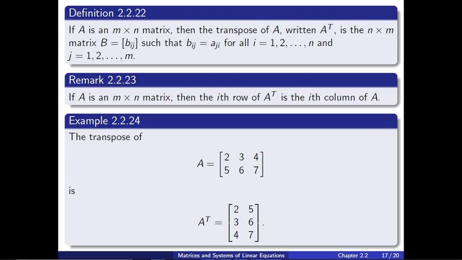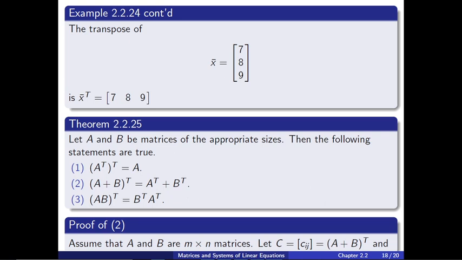We are going to talk about properties of these transposes of matrices. Okay, so another example. If you have a column vector like that, you can make it a row vector by transposing. So this was a 3 by 1 matrix that becomes a 1 by 3 matrix, right?